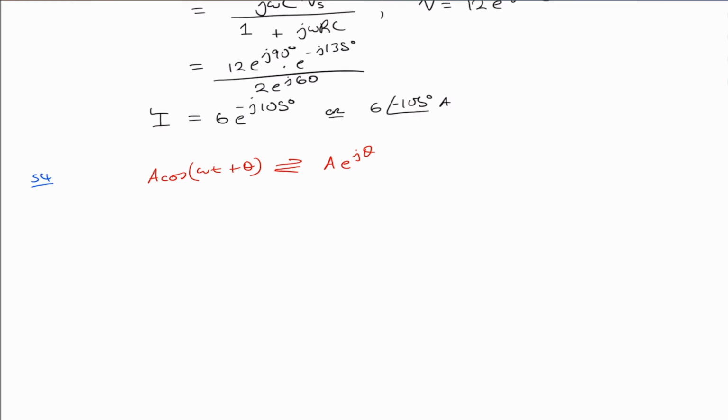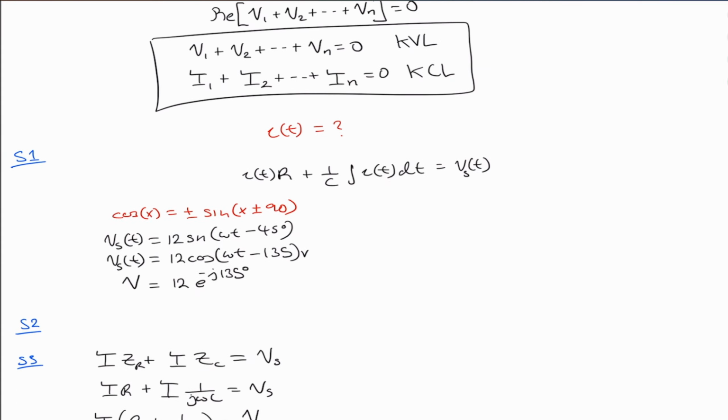So here we have i(t). So i(t) is equal to, keep our A, so A is 6 times cosine omega t plus, and let's use our angular frequency.